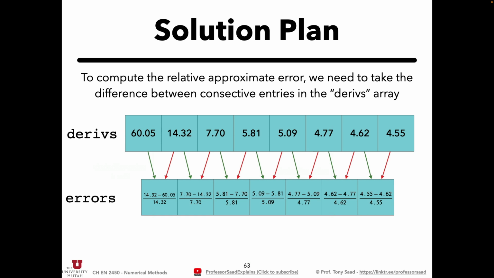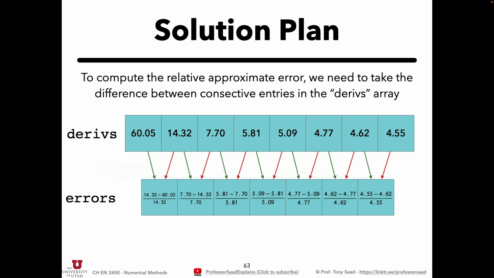Same thing for this guy here, 7.7 minus 14, and so on, right? But that consists of, if you think about it, the red arrows minus the green arrows. So what if we put the red arrows in an array and the green arrows in an array and take their difference?